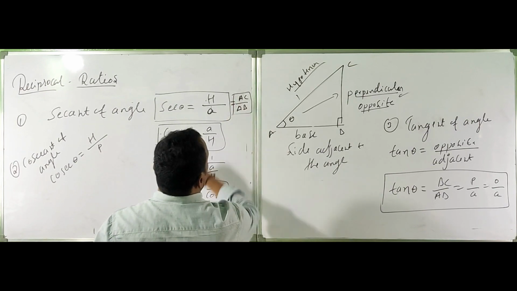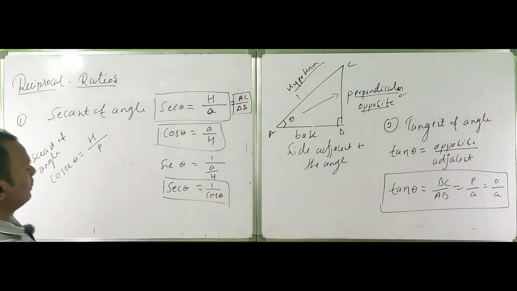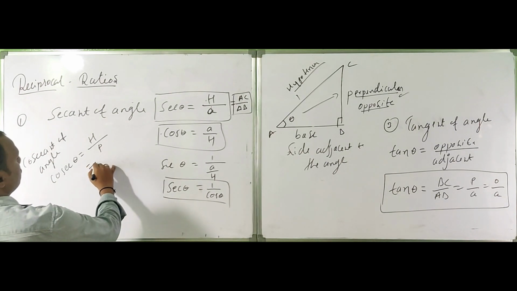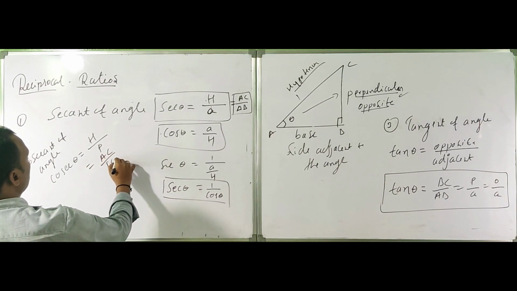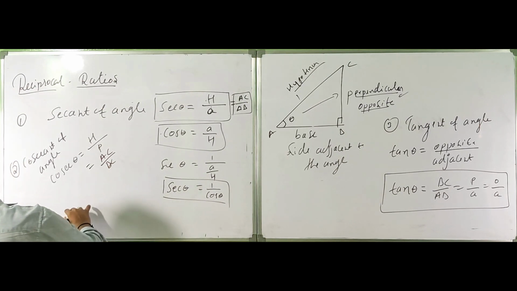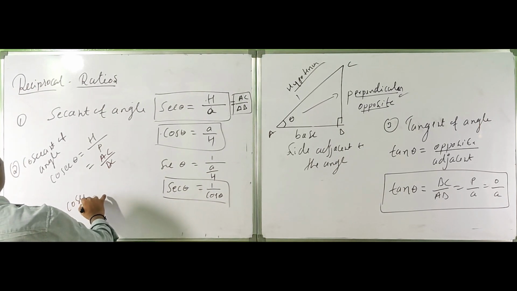Okay, consider this one also. Cosec theta, what is H here? AC by BC.